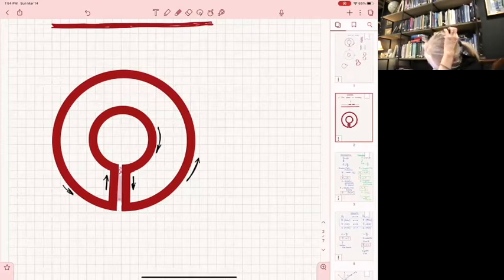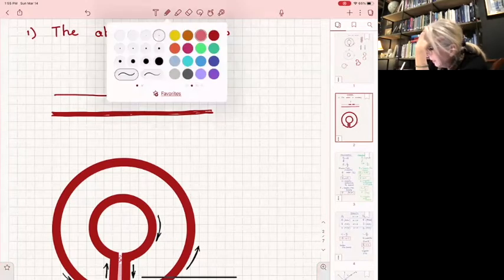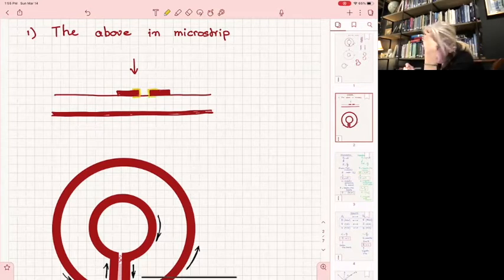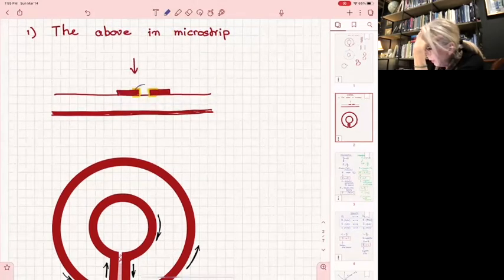However, what happens is these lines are so close, so you have a capacitance between this part of the conductor here and this part of the conductor there. They see each other, which means there are going to be electric field lines going from one to another, because they see the charges.